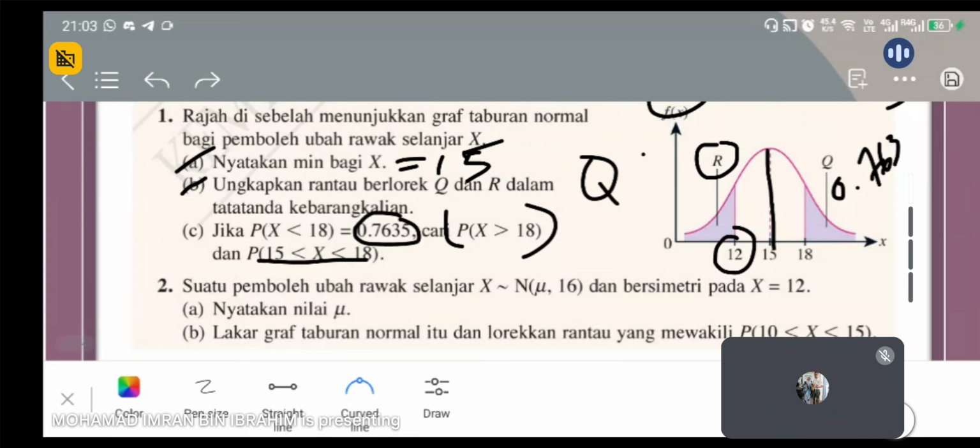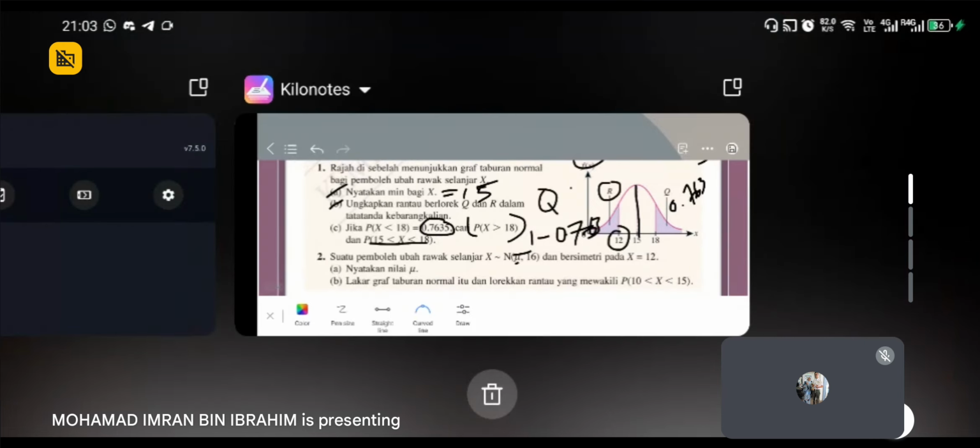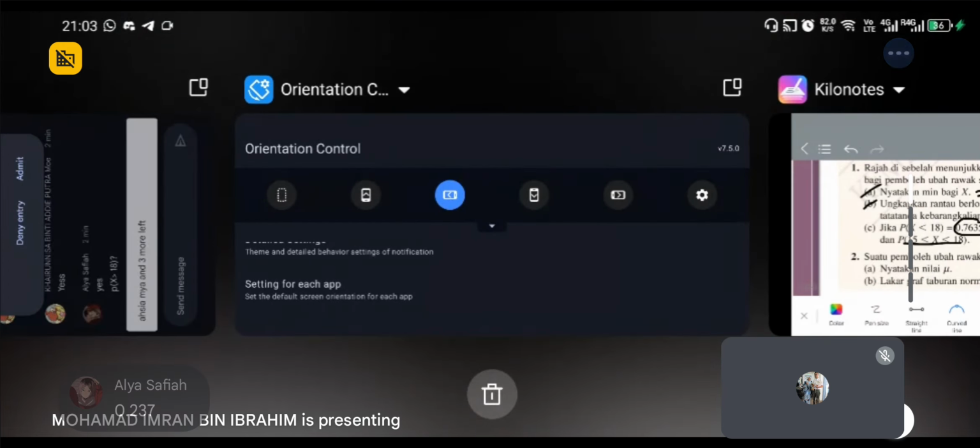So when you want only X more than 18, you need to just minus the 0.763, and when you calculate, you will get how many, guys? What is the value?